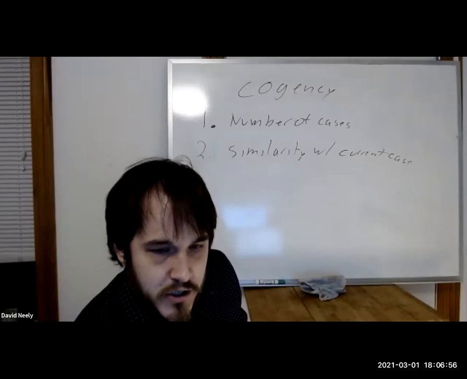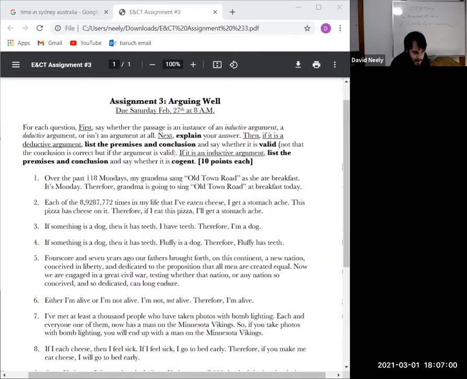The second one, I'm just going to say this one because it's very much the same as the last one. It's another inductive argument that I thought was cogent, because 89 million, with the comma in the wrong place, is a lot of times.